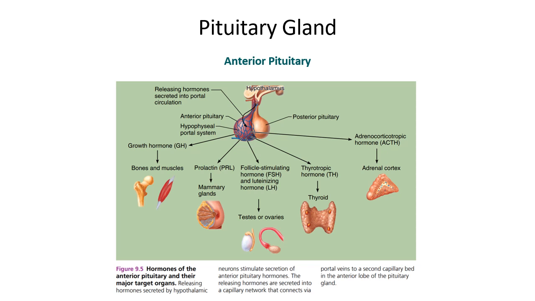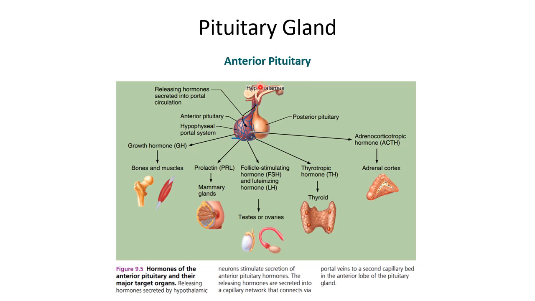So this picture from your book shows the different anterior pituitary gland hormones. So the stimulus for the release of these hormones would be the releasing hormones released by the hypothalamus.